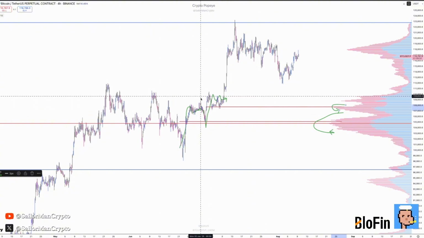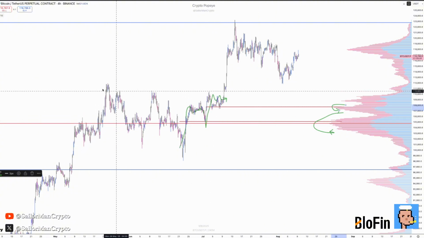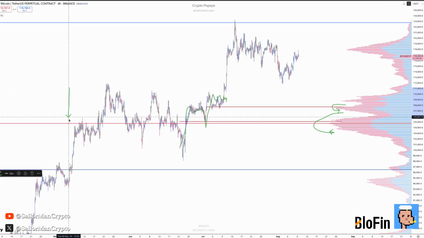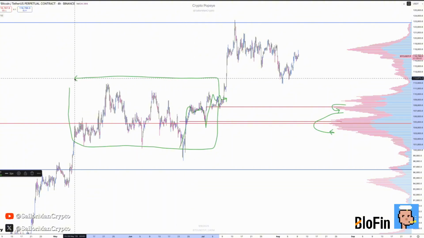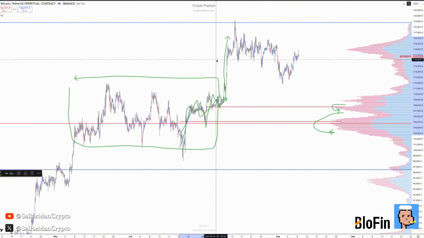So from these two price actions, you can make a bias of the bigger range we have been trading. And you can see that breaking, retesting, and finding acceptance above this volume node has brought us to the final breakout of this current range.